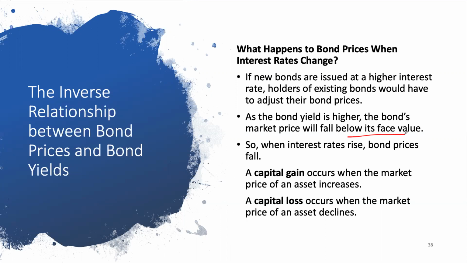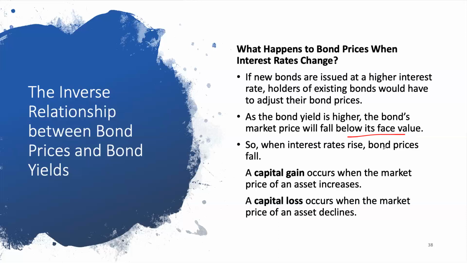It makes sense, because instead of you owning a bond which pays 10%, now there is a new bond in town which pays 12%, issued by the same entity for the same maturity period. So everyone wants to buy the bond with a higher coupon rate, which means there is a decrease in demand for the older bonds, which is to say that as the bond yield is higher, the bond's market price will fall below its face value.